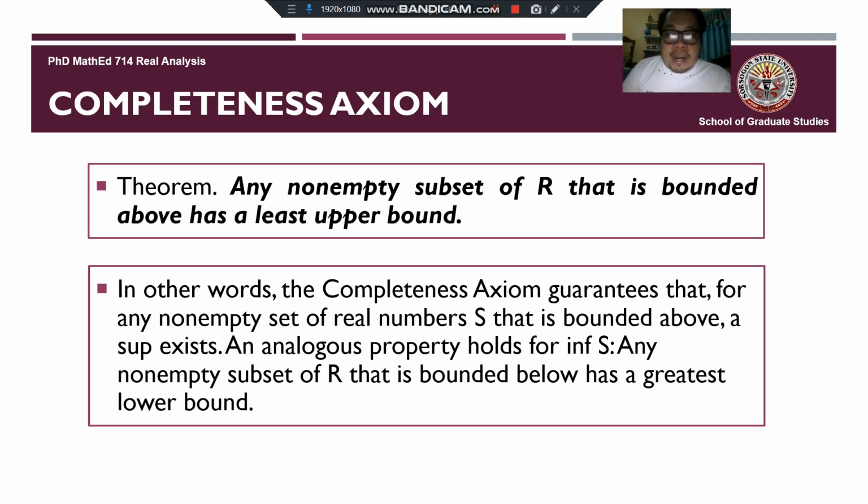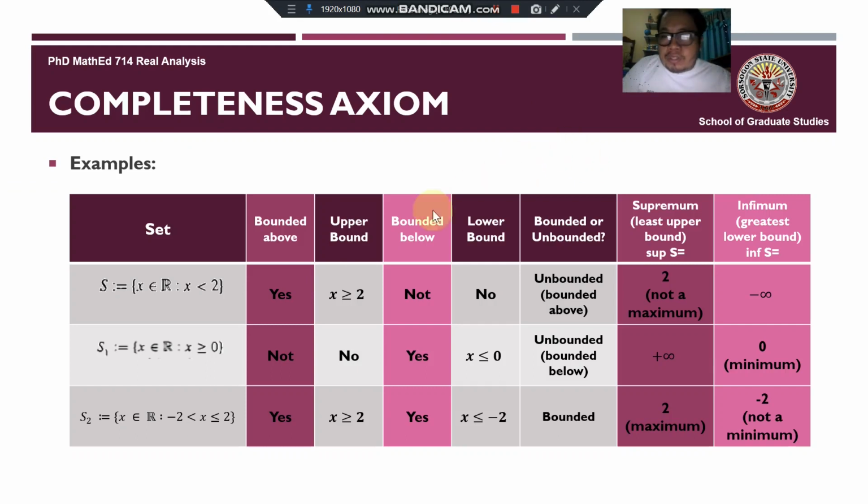Okay, although we are after the greatest lower bound when it comes to the infimum of S, the given set should be bounded below. So that is how we apply the completeness axiom in line with infimum and supremum of the given set. If we go back to the given examples, we have the three possibilities for the three given sets.